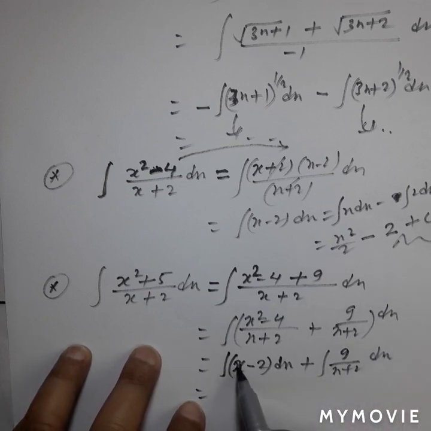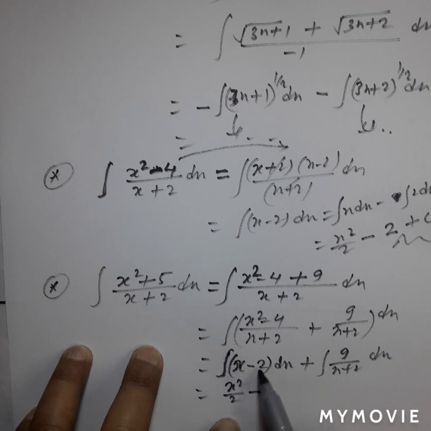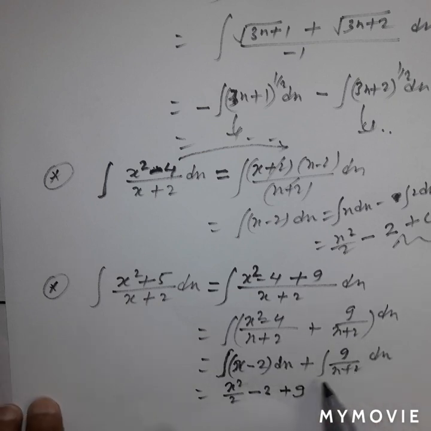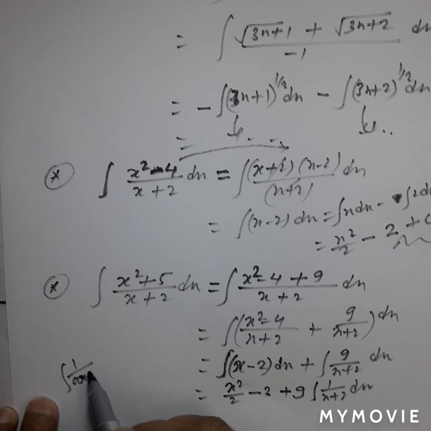Now it is x square by 2 minus 2x, because integration of x minus 2 means integration of x minus integration of 2. Integration of x is x square by 2, integration of 2 is 2x, plus this 9 comes out, and this became integration of 1 by (x plus 2) dx. Now we use here the formula for 1 by (ax plus b) dx.